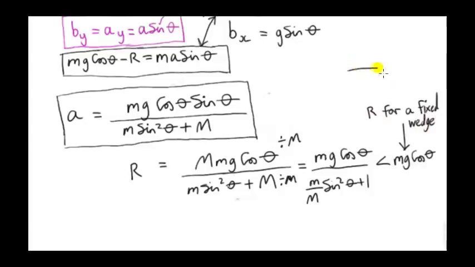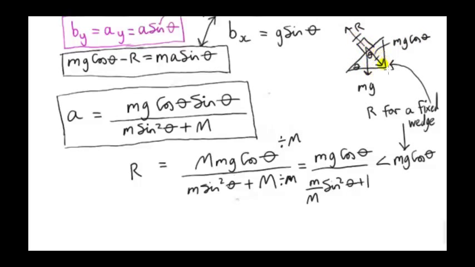So just as a reminder, we have our particle of mass m here. We have mg acting down. We have R. So imagine now that this wedge is fixed. Well, this vector here is mg cos theta, and these vectors are the same if the wedge is fixed.